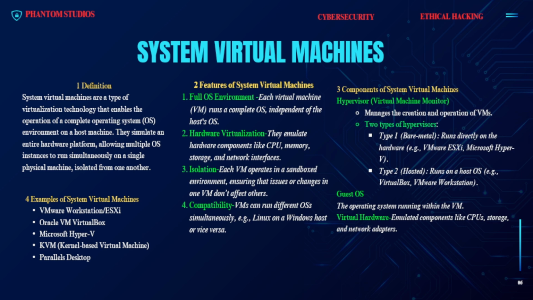Another feature that is very important to understand is hardware virtualization. Hardware virtualization is the work of the hypervisor to ensure that each of the virtualized operating systems has the required CPU, memory, storage, and network interface for them to run effectively and without any problem.